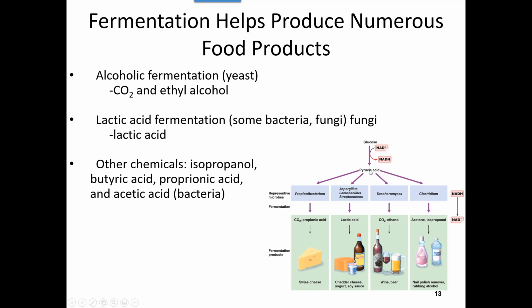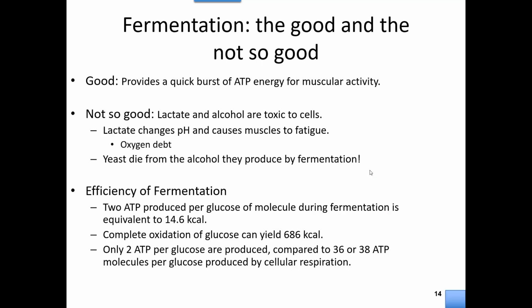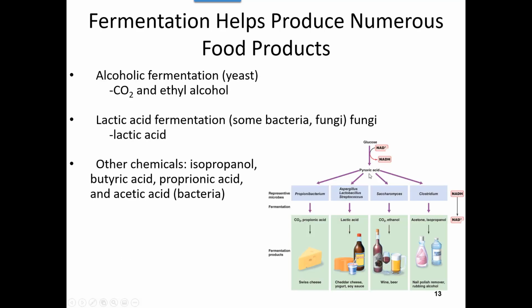Why fermentation is good, but why fermentation is also not so good. Fermentation is good because it does still provide a quick burst of ATP. Fermentation still requires the breakdown of that glucose. It still has to go through glycolysis to yield that pyruvic acid. And then just what do we get out of pyruvic acid? That's a little bit different.